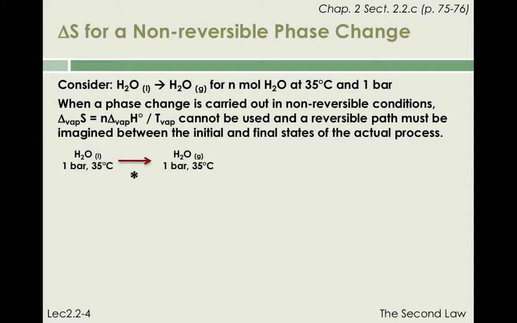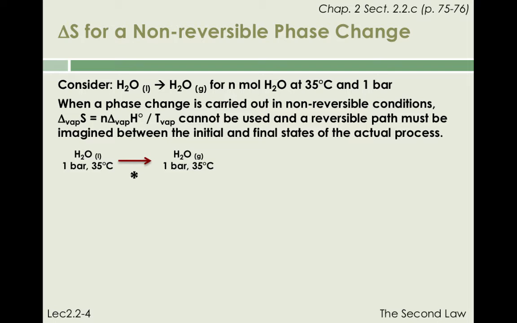To do such calculation, we use the cycle method and write first the actual process, which we call star, which consists in the transformation of n moles of water liquid at 35 degrees Celsius and 1 bar into n moles of water vapor at 35 degrees Celsius and 1 bar.